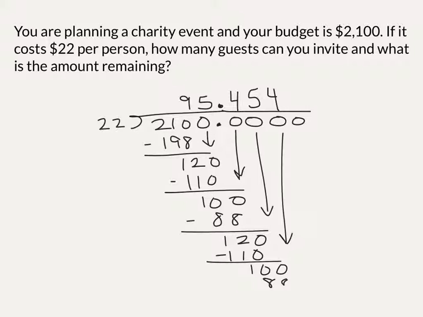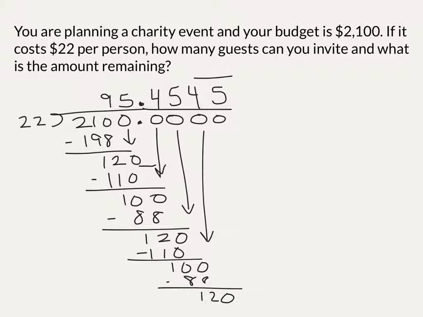And you'll notice that we'll keep on getting that 4, 5 repeating. So this will just keep on, and the 4, 5 will be a repeating decimal. The remainder will never be 0, so our answer is 95.45 repeating.